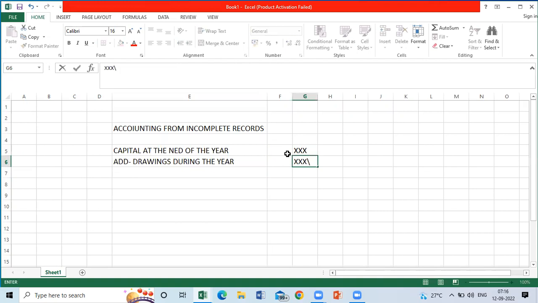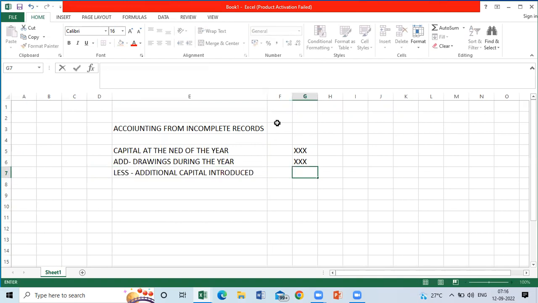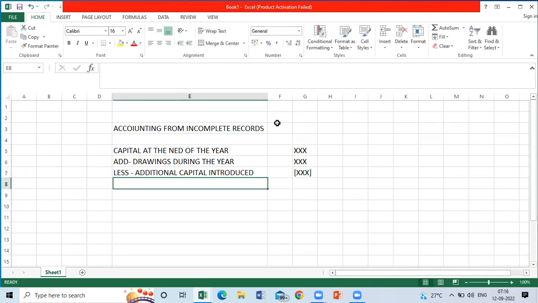We subtract additional capital introduced, and then we subtract capital at the beginning of the year.